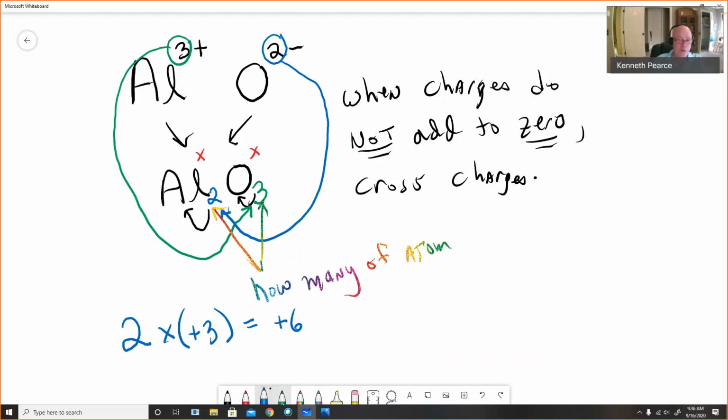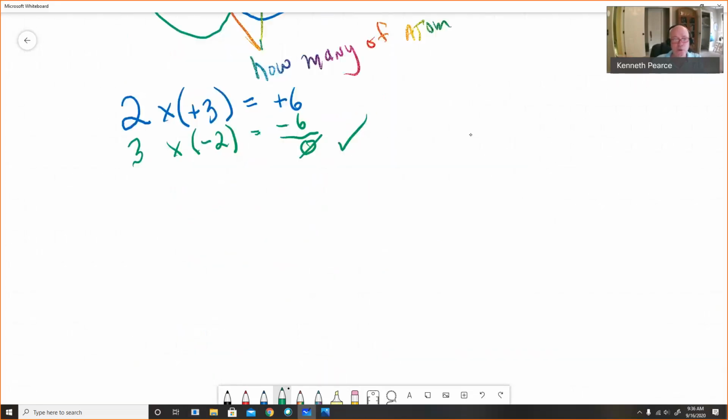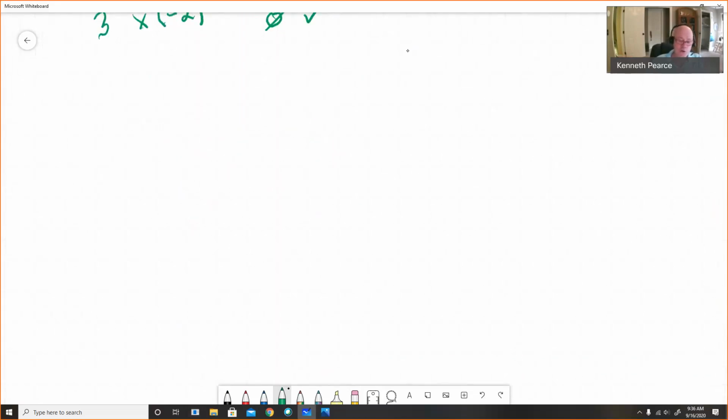And I have 3 oxygens, and each one of those oxygens is -2, and that equals -6. Oh, look here, 6 minus 6 equals 0. And so sure enough, we're good. And we can do this with any pair of atoms with arbitrary charges on them.